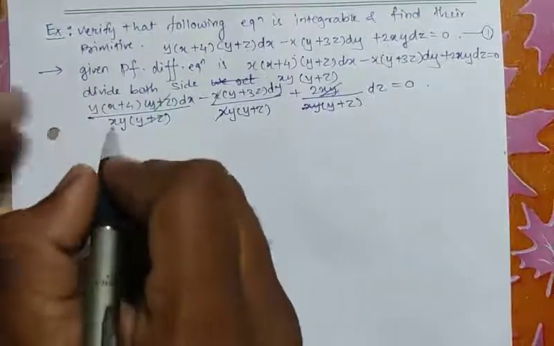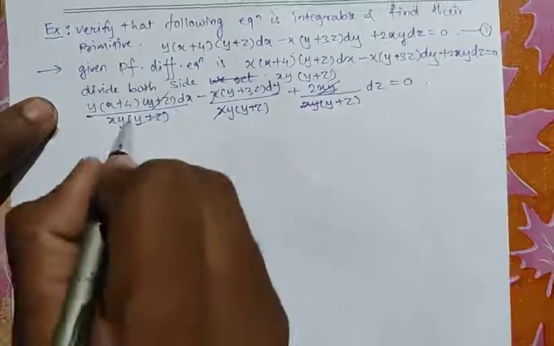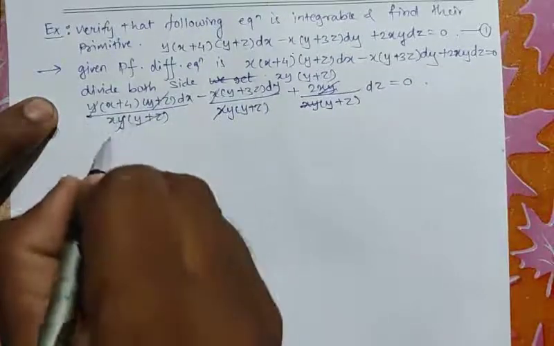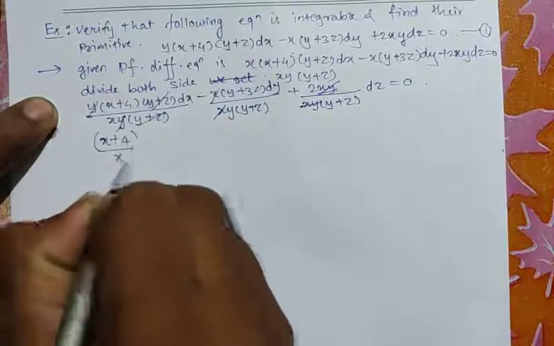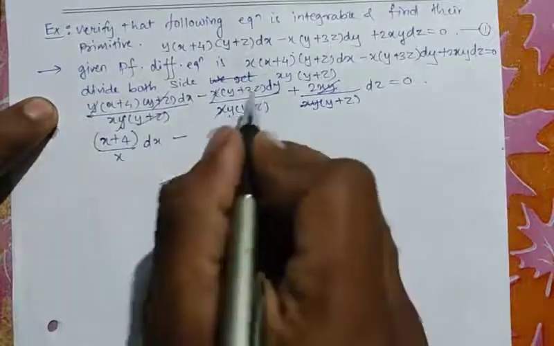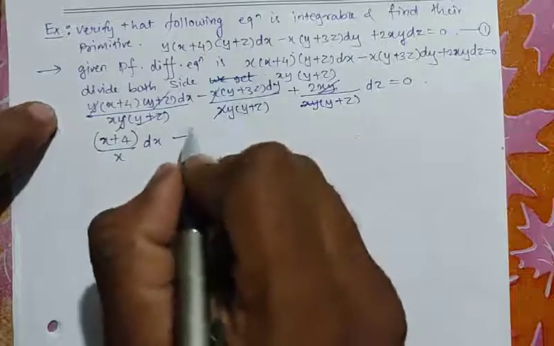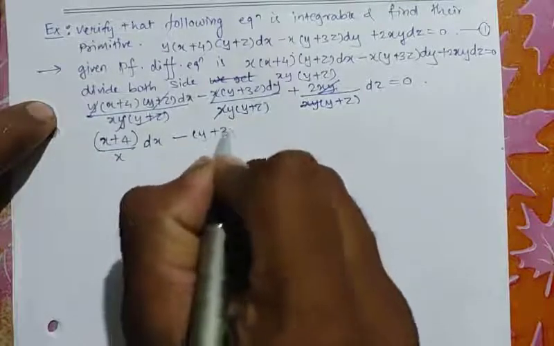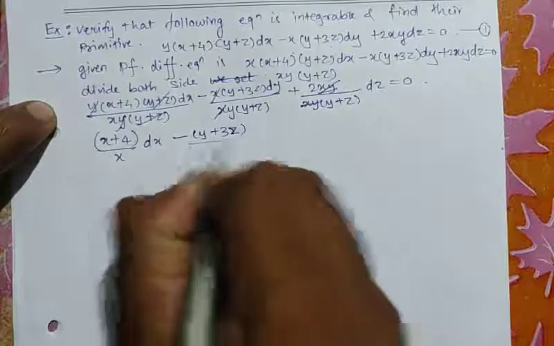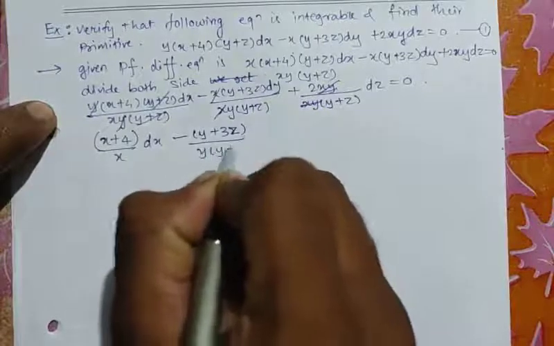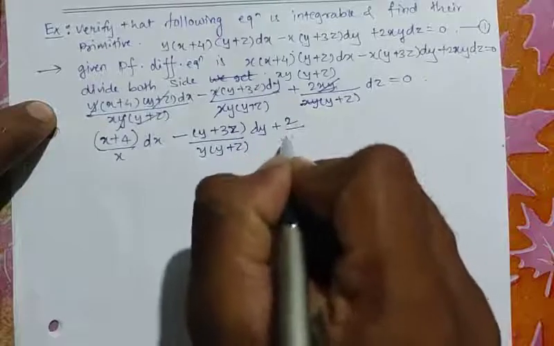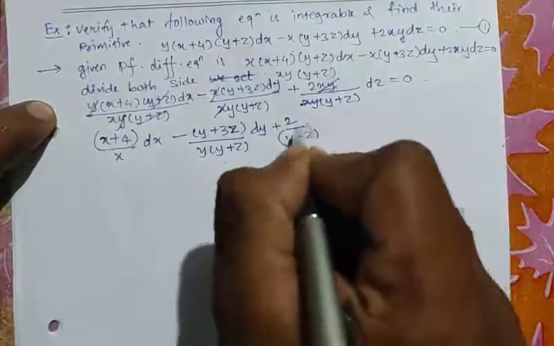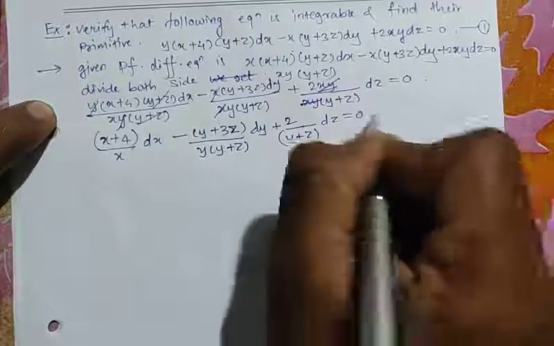So we get (x + 4)/x dx − (y + 3z)/(y(y + z)) dy + 2/(y + z) dz = 0.